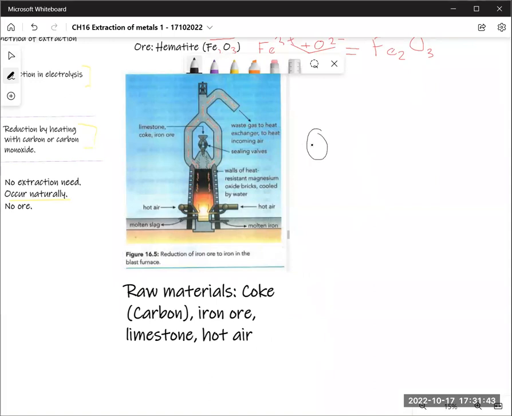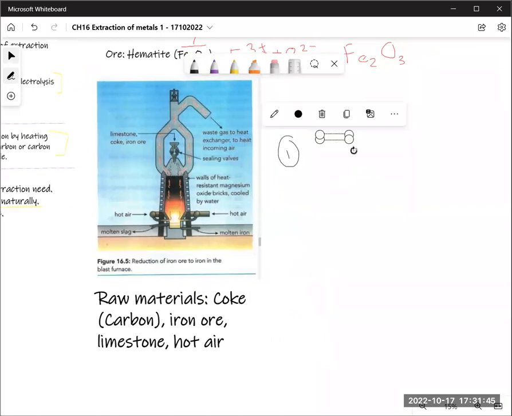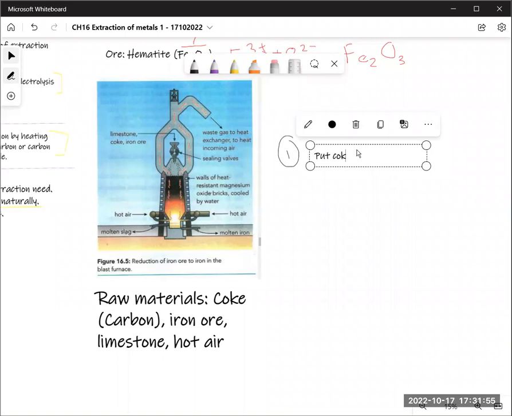Step 1: put coke in blast furnace, which burns in air and releases heat, which makes the furnace hot.